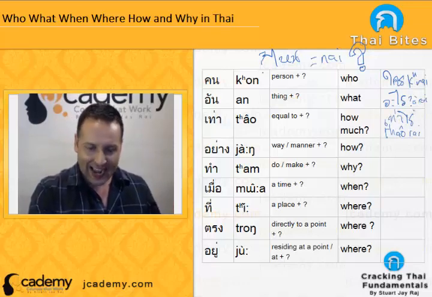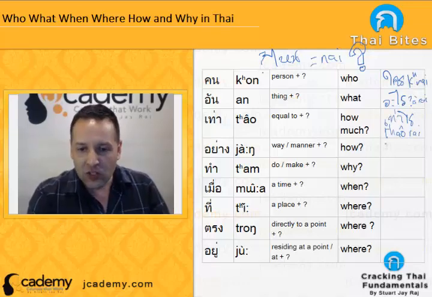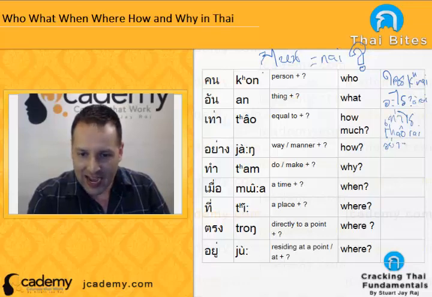Now, the next word, we have อย่าง, a manner, in a style, a way, or a manner. So อย่างไหน, in what manner, in which manner, or how. So often you'll see it written as อย่างไร, อย่างไร. And I'll just write that here. Yang, I use the J from IPA, so it's yang, and that's a sound.